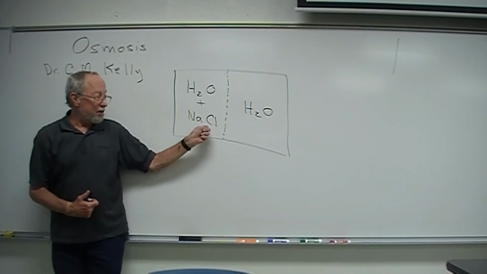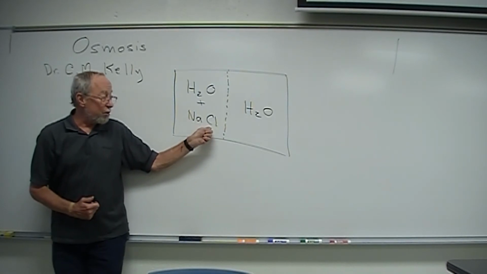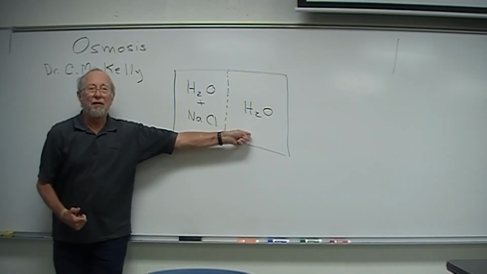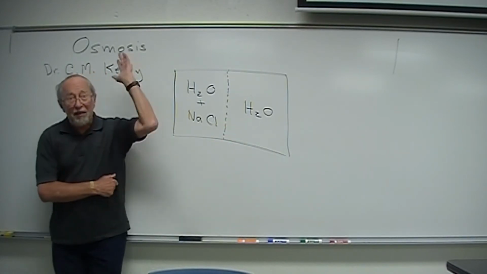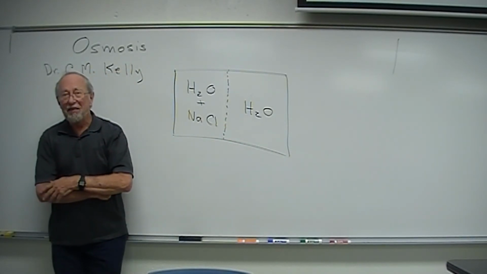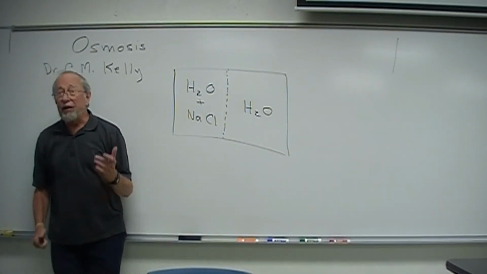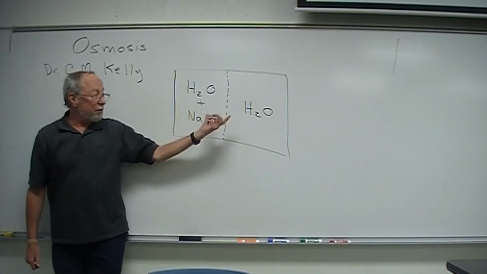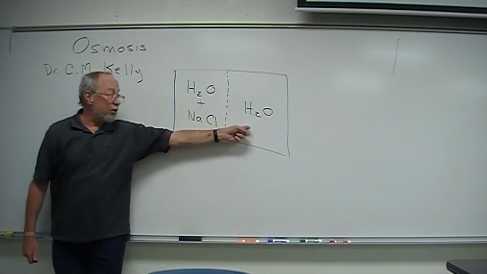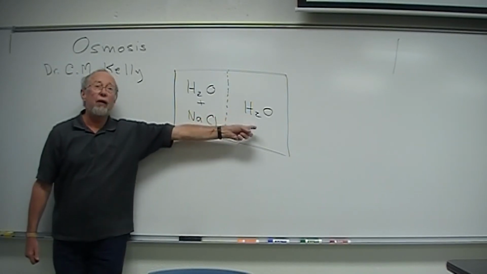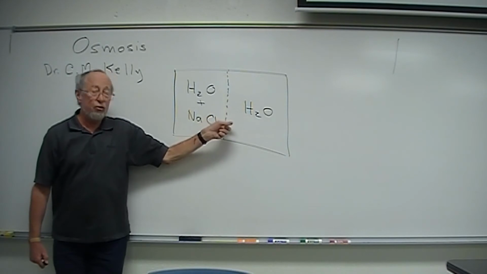Is there, in the same situation, the same driving force between that and that? Hands? How many say yes? Oh, come on. Two people say yes. There will be a driving force that wants to change things. The driving force says the water goes this way and the salt goes that way. The salt is blocked.